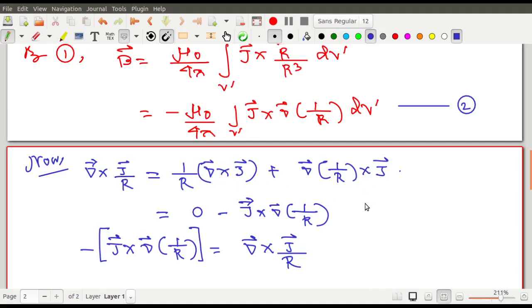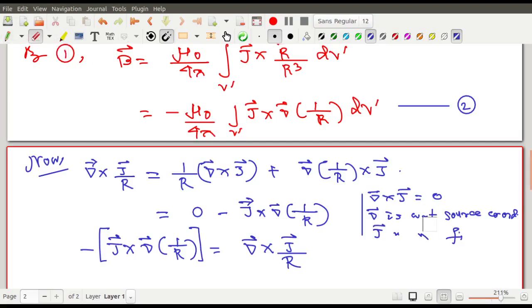Now curl of j is 0, you understand why. The reason is also known to you, because this one is with respect to what?